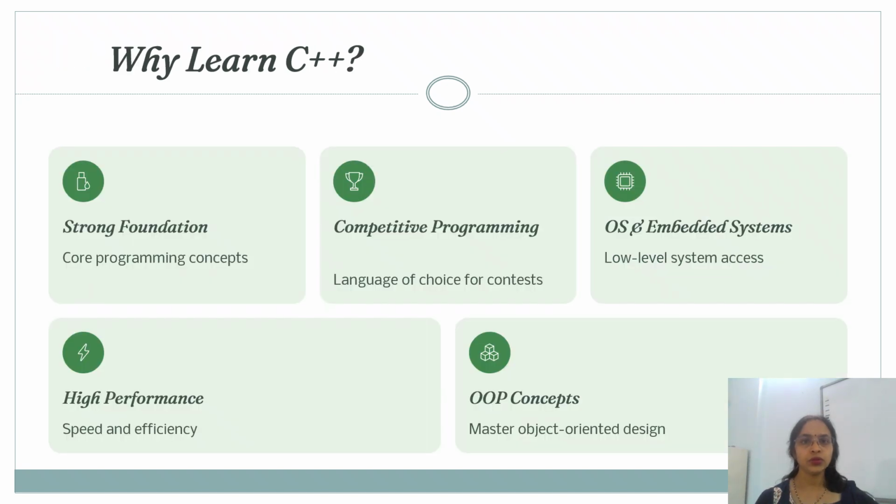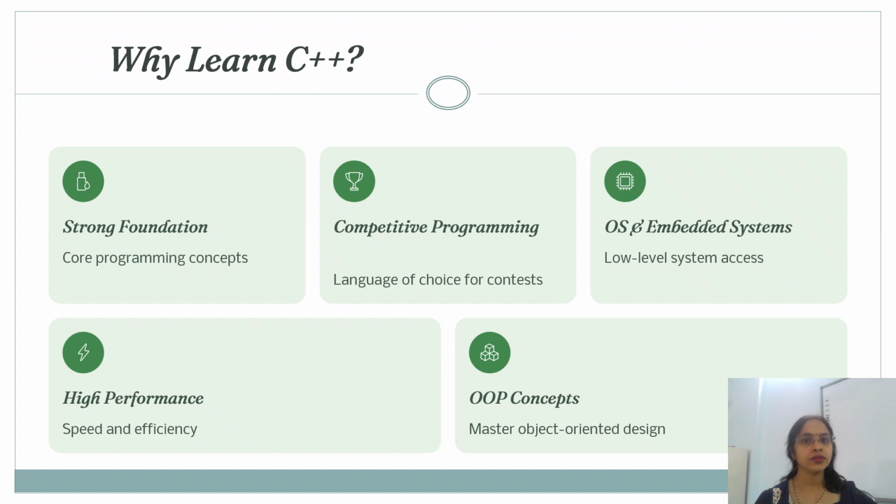So now the question arises here, why should we learn C++? First, it builds a strong foundation in programming. Second, it is widely used in competitive programming. Third, it is used in operating systems and embedded systems, or we can say low level system access.